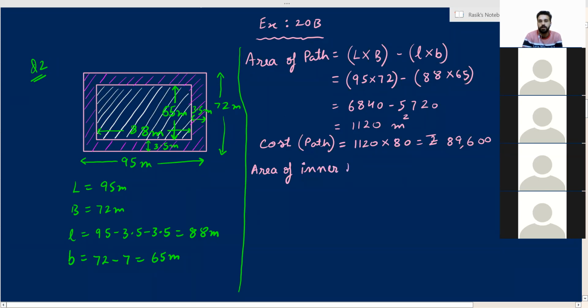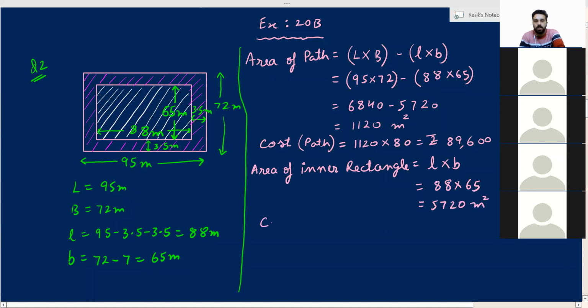Why are we finding the area of the inner rectangle? Because we have to find the cost of laying down the grass. So this is small l into small b. Small l is 88, small b is 65. We have already found the product in the previous part of the question: 5720 meters square.